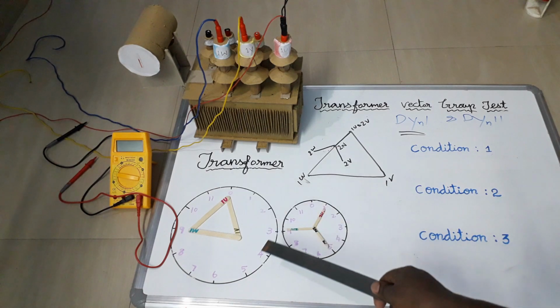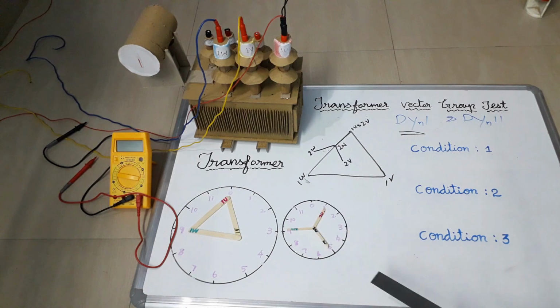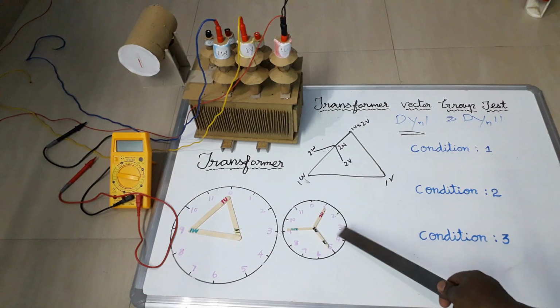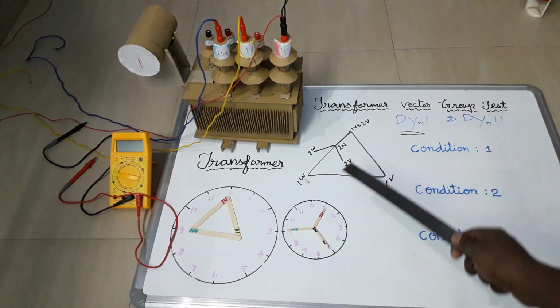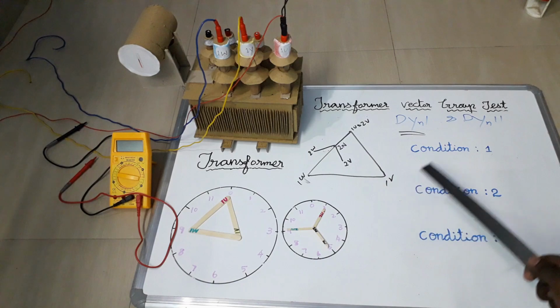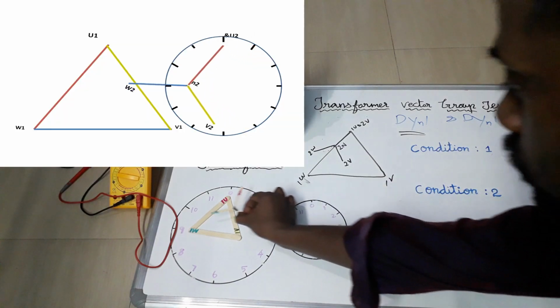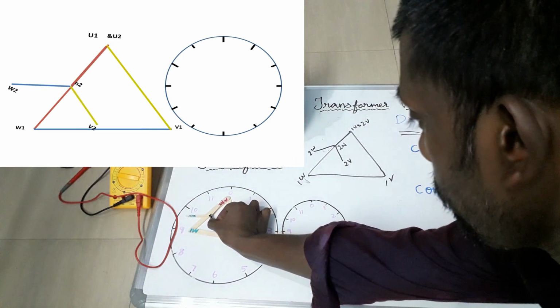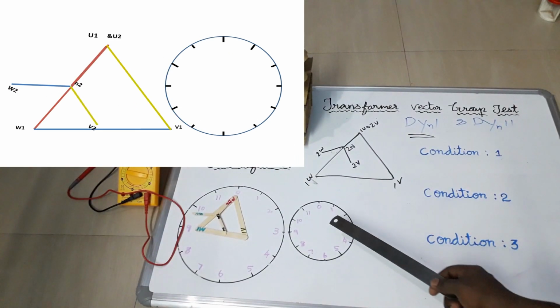And here I have shown the vector diagram of our transformer. Our secondary side is 1 o'clock, and for easy understanding of our testing, I am just going to merge this. This is a 1 o'clock.